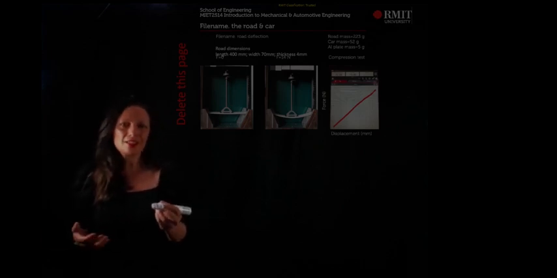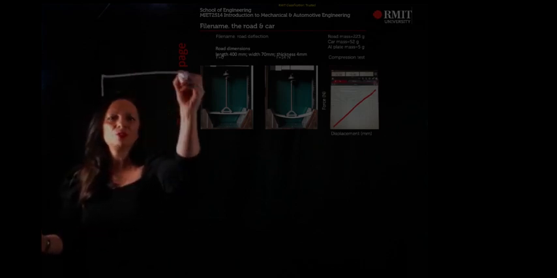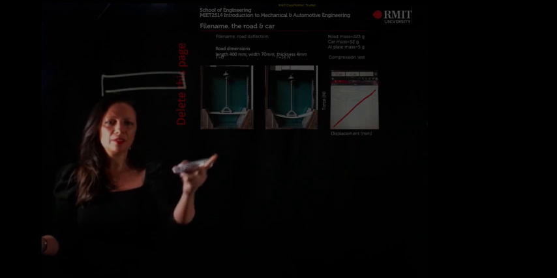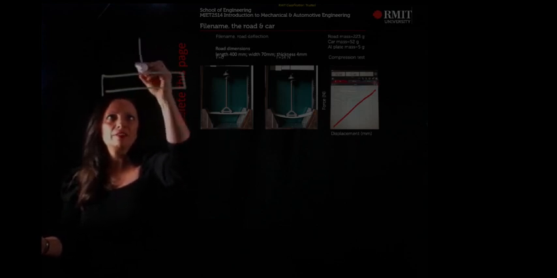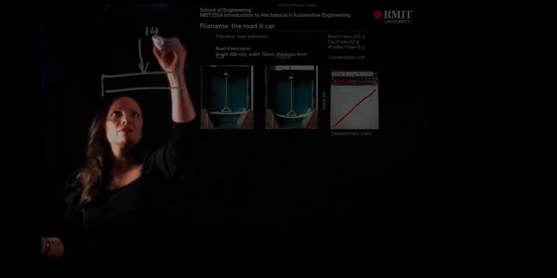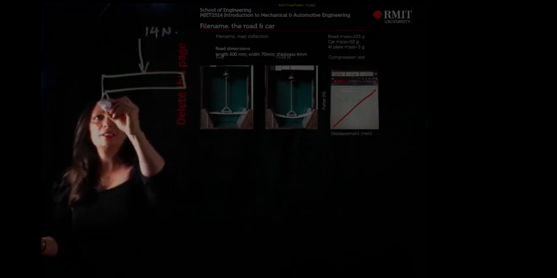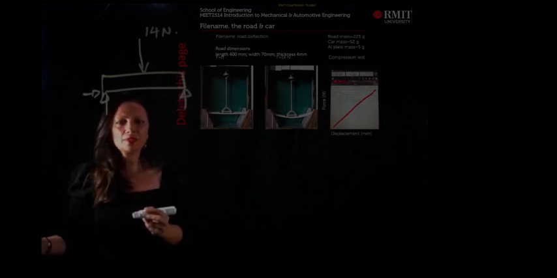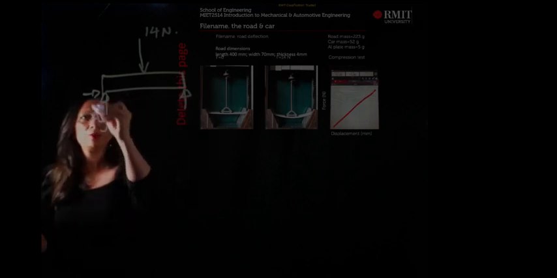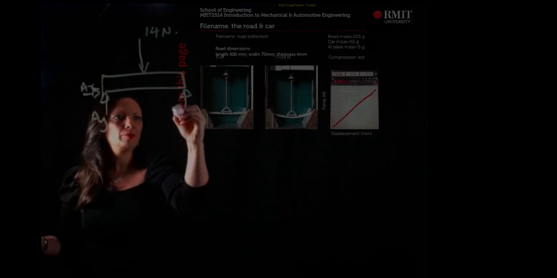So this is what I'd like you to do. If you just draw the road, and we have a force going down of 14 newtons, and you're going to have some reaction forces going on. So we have an AY, an AX, and a BY.